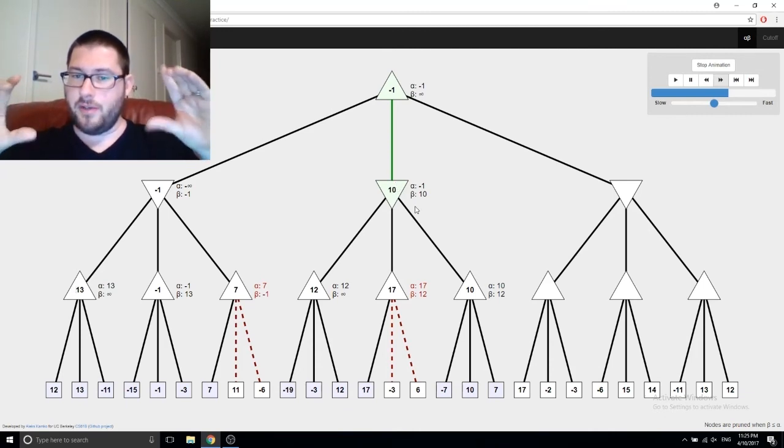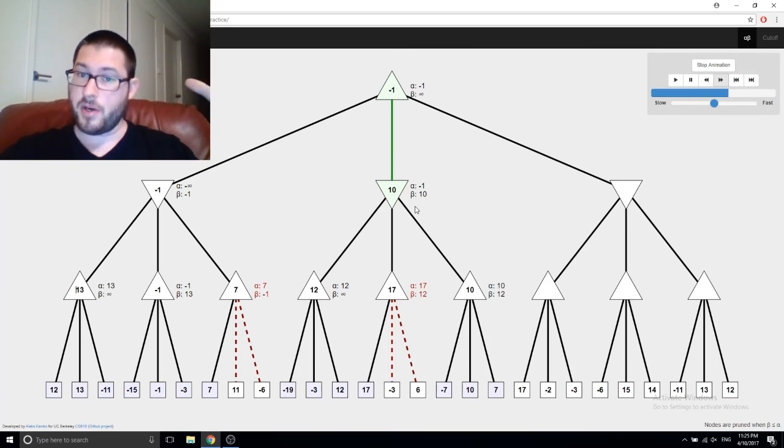So the 10 value represents a realistic value that we can actually attain, that our opponent isn't going to prevent us from taking.